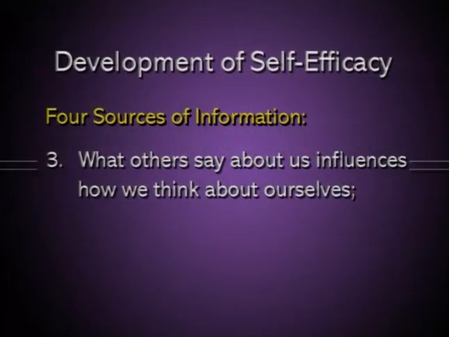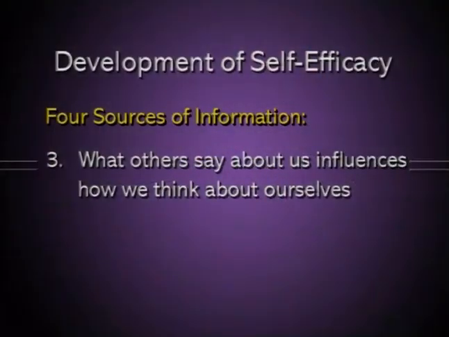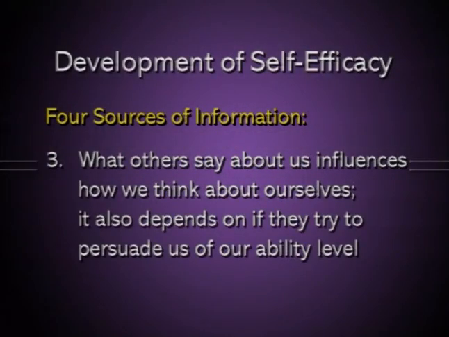The third source is what others say about us. What others say influences how we think about ourselves. That seems obvious. If they say something good about us, we tend to be influenced by it, or something bad about us. And also, it depends on whether they try to persuade us of the ability levels that we have.